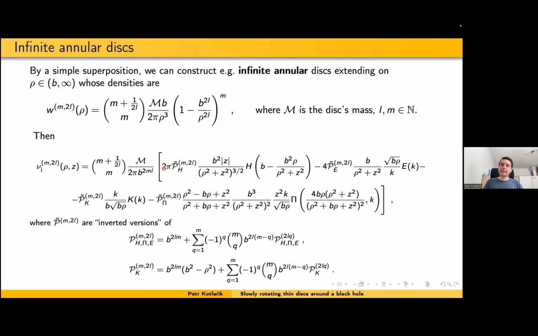Then the corresponding potential of this disk is just written in this way, where these Pi's are some combination of the polynomials you have seen before, and the tildes mean that they are the inverted versions, performing the Kelvin transformation I showed you on the last screen.